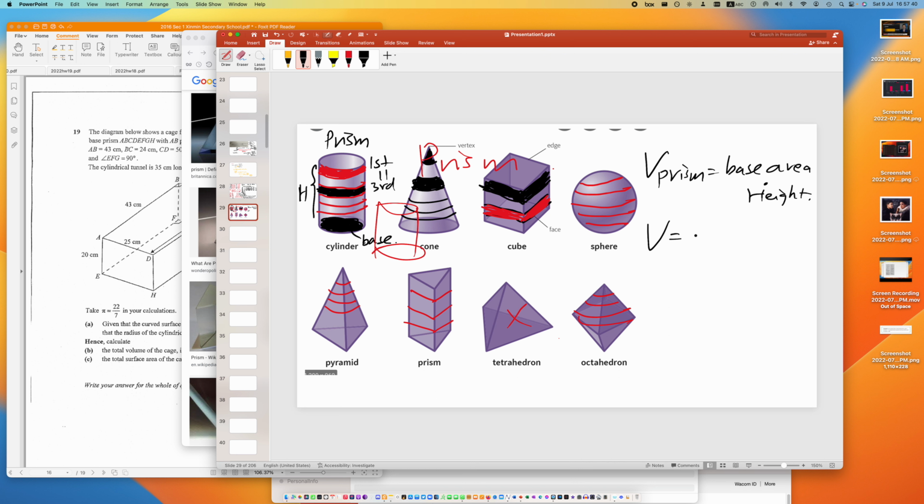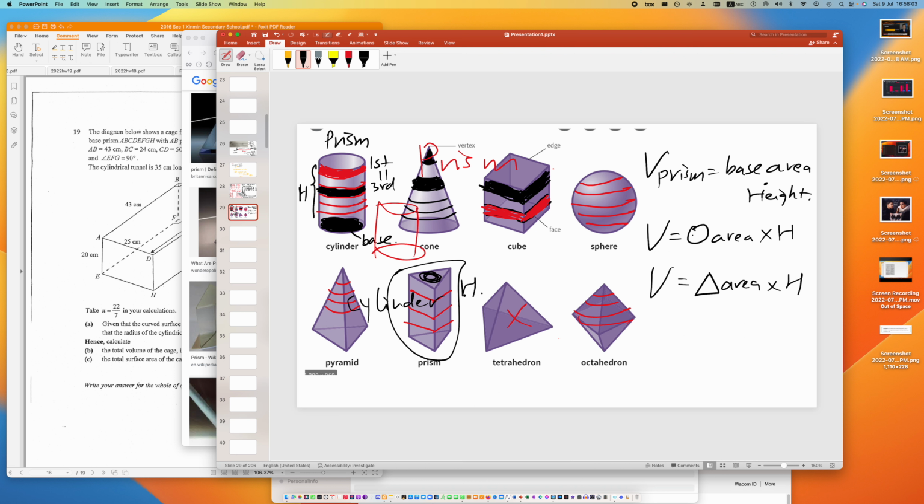In this case, the base area is the area of a circle lah. Times the height of the prism. Yes. Then for this one, this is a prism. So this is a triangle area, which is the base times the height. This is the height.